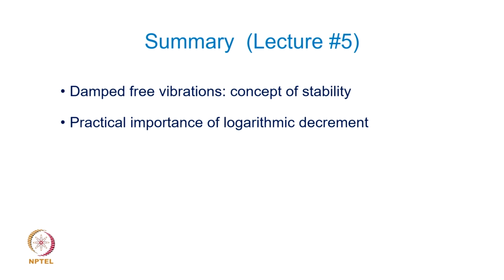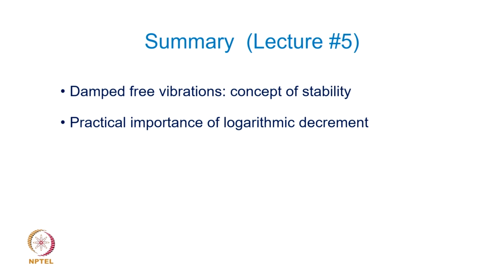So, the summary of this lecture is a detailed discussion of how the response of a simple single degree of freedom model is obtained, particularly when damping is there. We obtained expressions for the response, and how the system stability can be gauged from the real part of the complex eigenvalue.